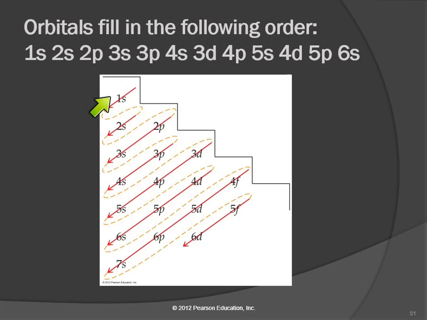So this is the first one you come to, then you jump back up here, then you come to that one, that's 2s, then you jump back up, 2p, 3s, we jump back up here, 3p, 4s, jump up here, 3d, 4p, 5s, jump back up, 4d, 5p, 6s.